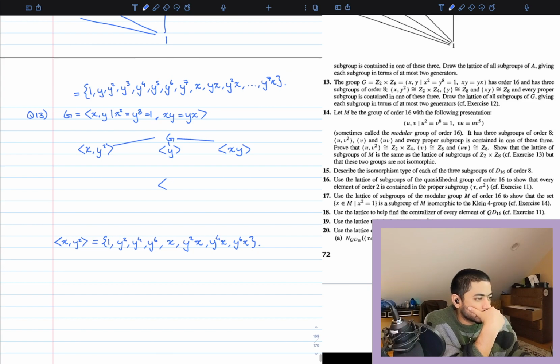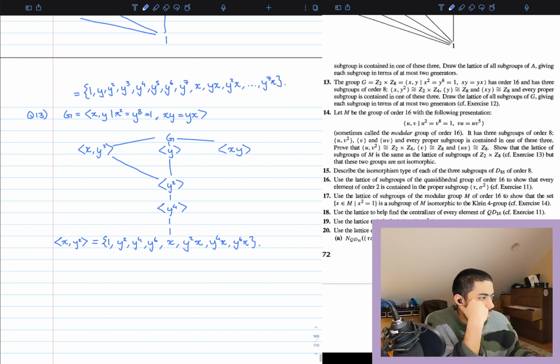I guess, wait, this should be y squared, then y to the 4, and then the trivial group. So something like this. Yeah, that's better. And we also have containment this way.